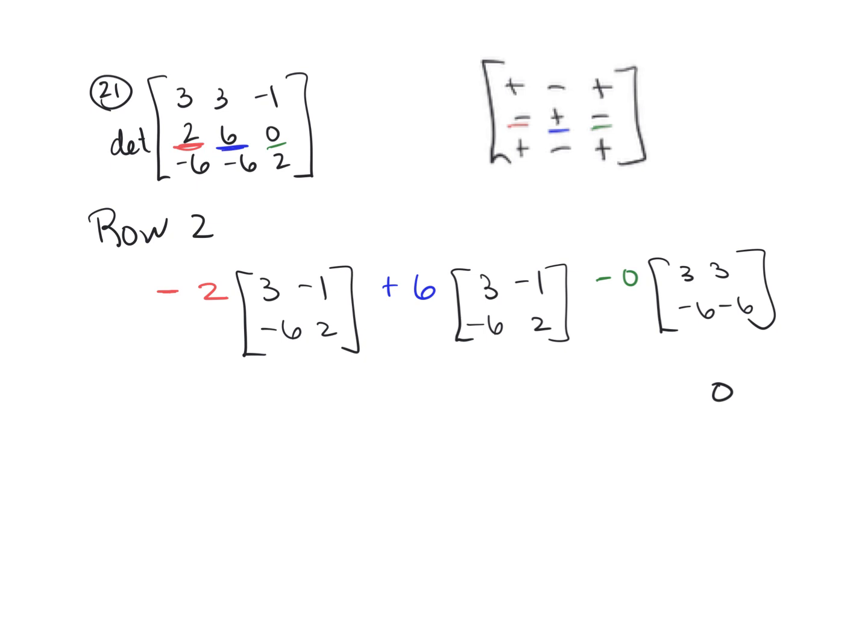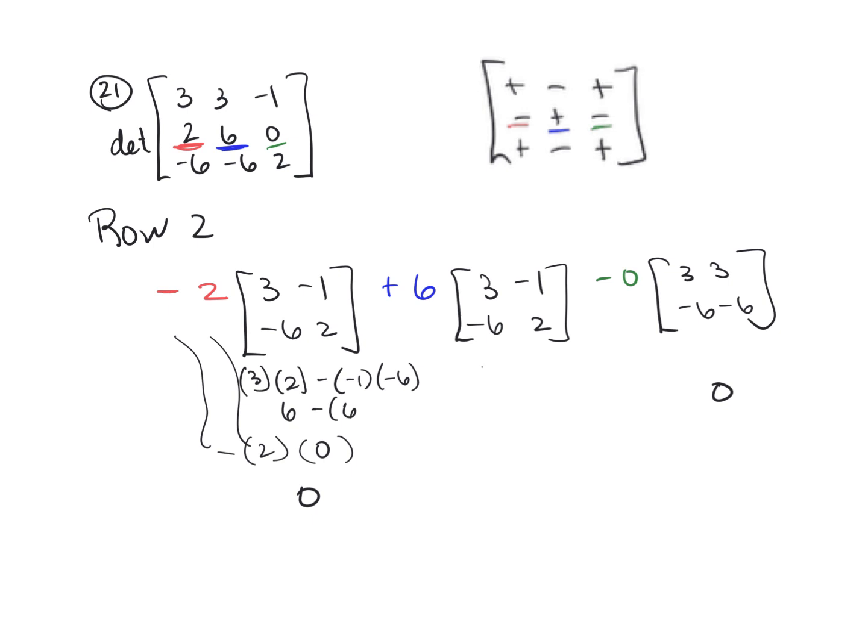Now we're going to find the determinant of the 2 by 2s of the minor matrices that we have written down. For the first one, we'll have 3 times 2 minus negative 1 times negative 6. 6 minus 6 is 0. Oh, we love 0. It doesn't even matter if I multiply that by a negative 2. We get 0.